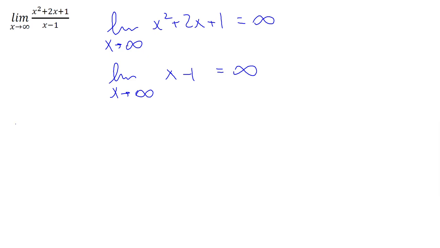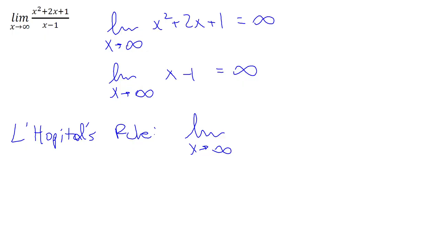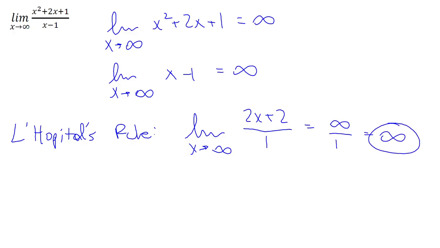So we'll use L'Hopital's rule to get the limit as x approaches infinity of the derivative of x squared plus 2x plus 1, which is 2x plus 2, and the derivative of x minus 1, which is just 1. Well, when I plug infinity into that, I get infinity over 1, which is just infinity. So that one is infinity, or you could say that that limit does not exist. Either one would be acceptable.